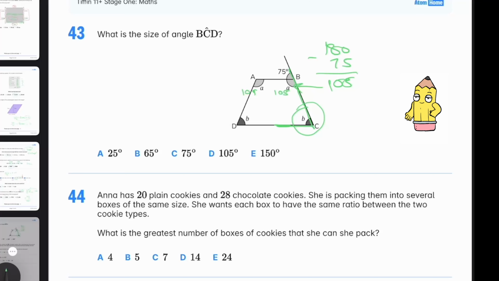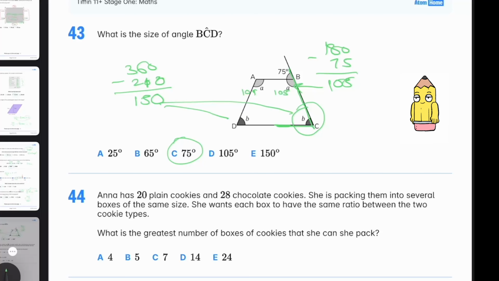We can then subtract 210 degrees from both sides of the equation. So we have 360 minus 210, which gives us 150. And then we can divide that by 2, and we have 75 degrees. And the reason I've subtracted 210 from 360 degrees is because a quadrilateral adds up to 360 degrees.